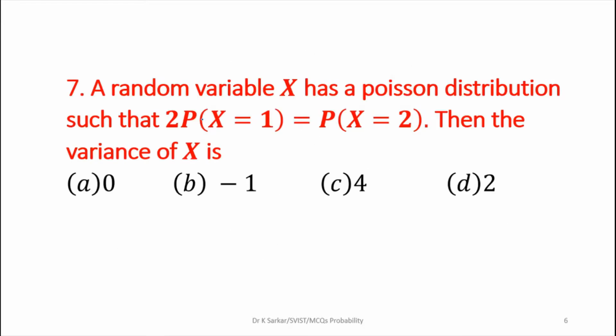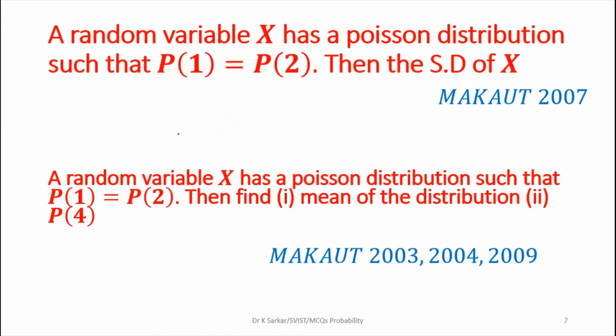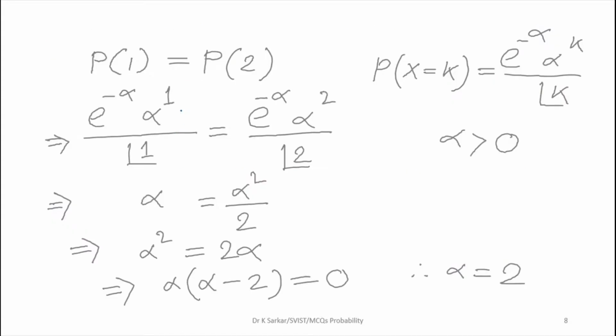Now what is the difference among these questions? Here we see that the relations are given a little bit differently. There is only 2 multiplied on the left hand side. So what we have to do? We have to just put here 1, 2.